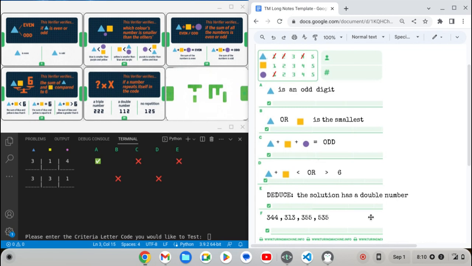Now, might that be the final list? As far as having pairs of evens, the only one that works is 344, because we need a smallest non-pair. And then for odds, 313. I think that's the only one for 3, because you do have to have a smaller odd. Then 535, and also 515 and 355.